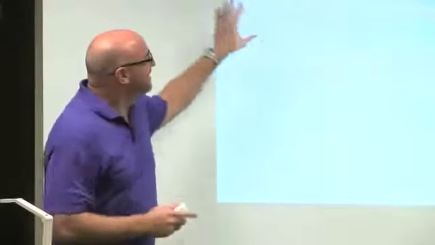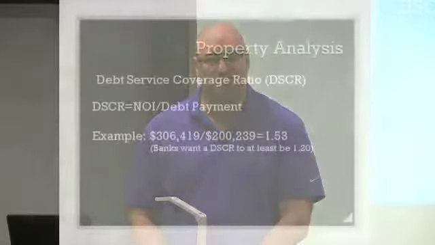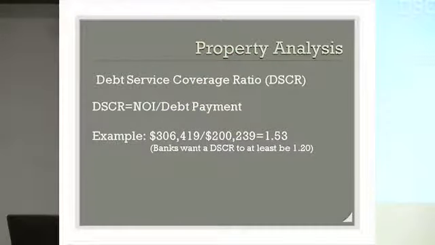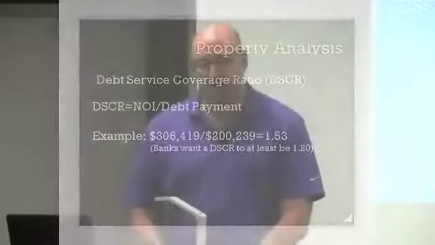Nice, I like that. Debt service coverage ratio, the fourth one. Actually, the fifth one if you include value. Debt service coverage ratio shows you the relationship between net operating income and debt service.